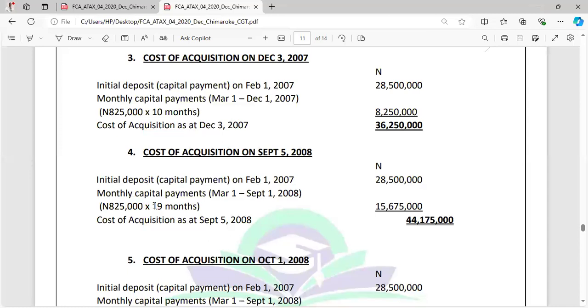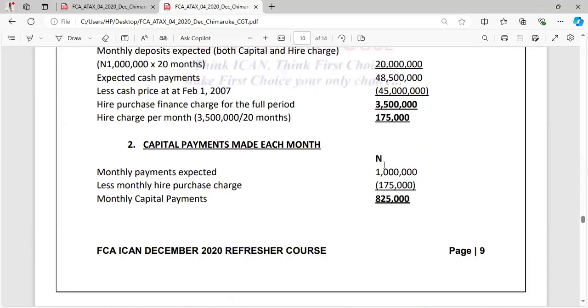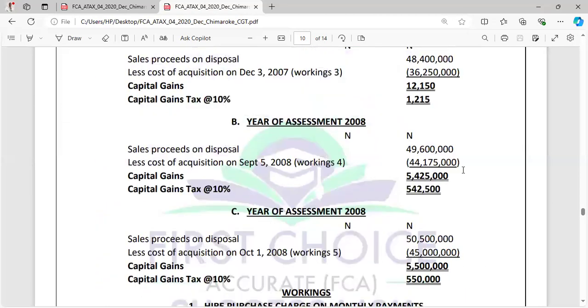So we need to calculate the capital payments for that 19 months. When we calculate it, it gives us 15,675,000. Now, when we add this to the initial deposit, we have 44,175,000, and that's what we'll use here. 44,175,000.